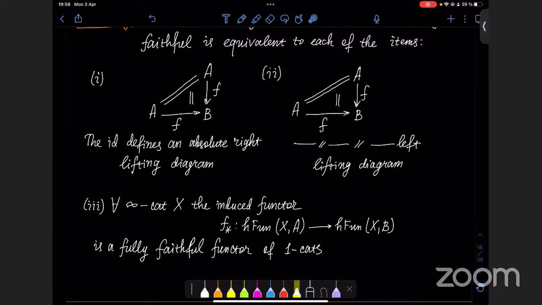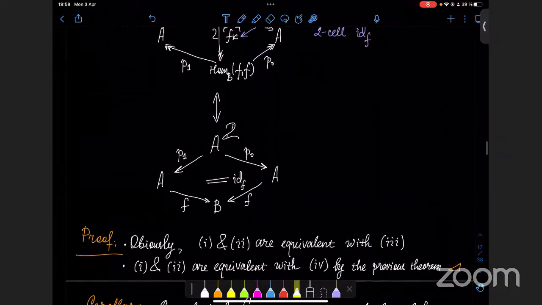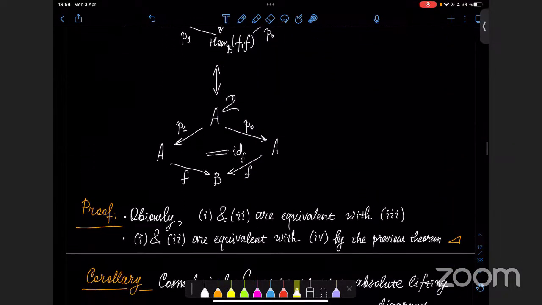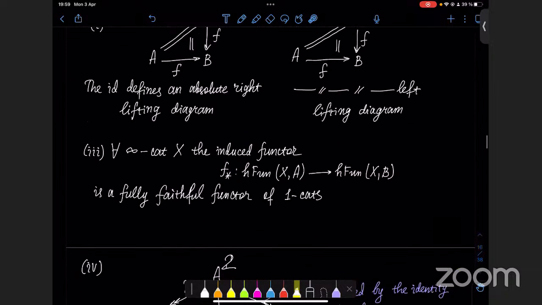It follows from the definition of absolute right lifting diagrams, and the fact that these triangle diagrams are equivalent with the fourth one follows from the previous theorem.